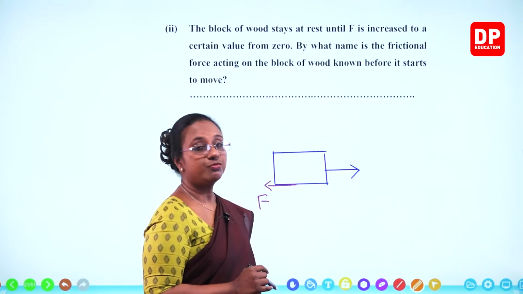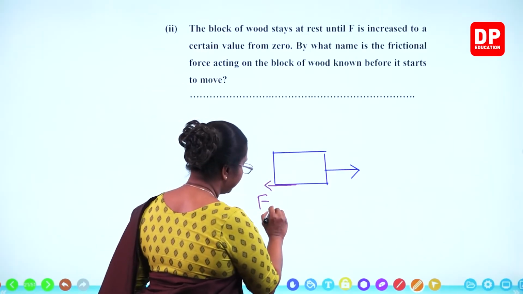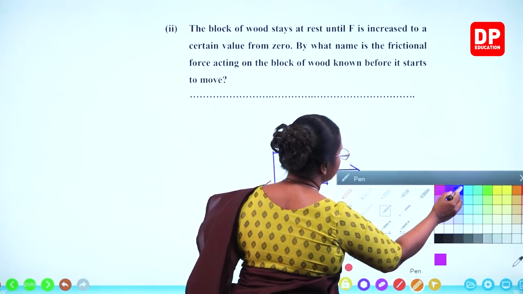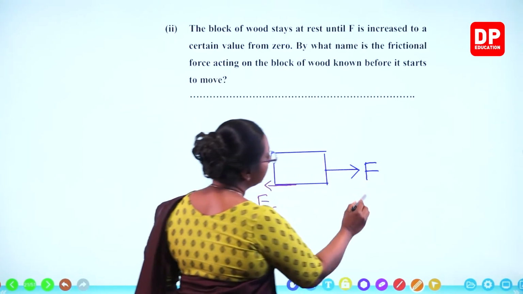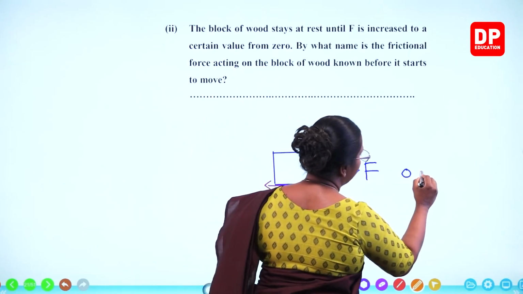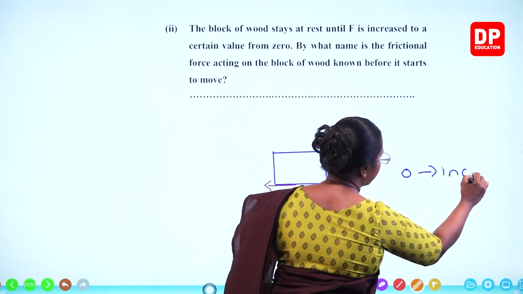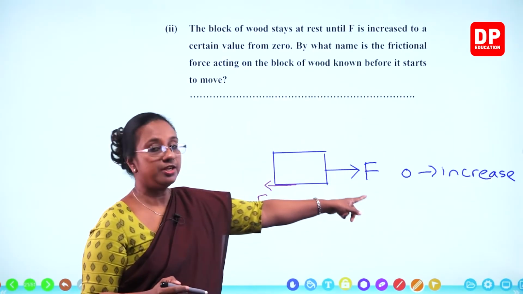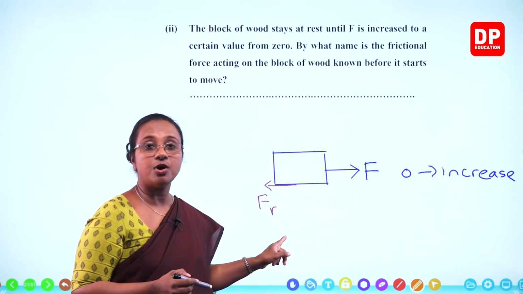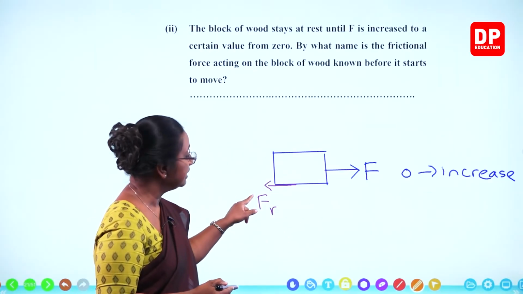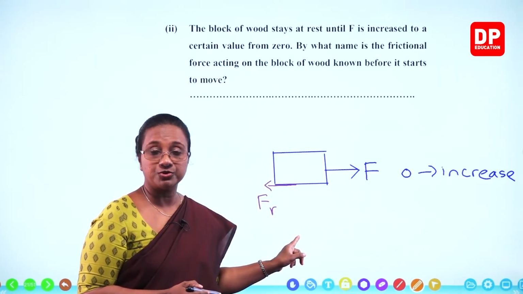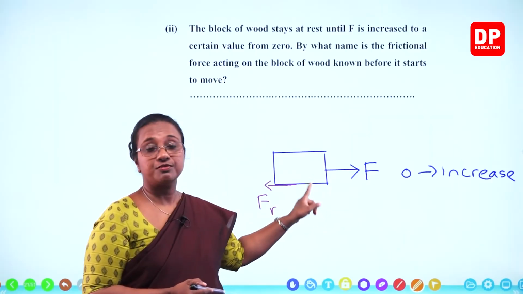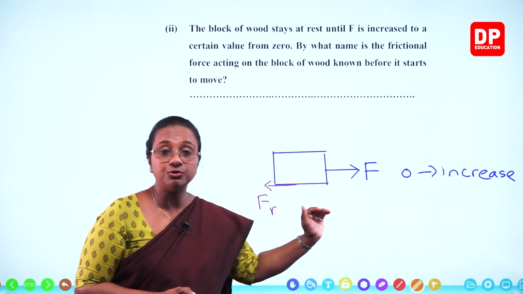When we start this force from 0 and then increase it, what happens? Initially, according to the force, there is an equal and opposite force exerted by the surface. That is the frictional force, to prevent the motion of this object when it is trying to move.